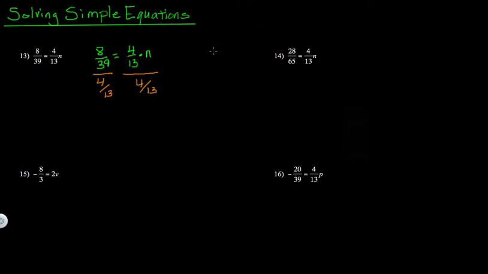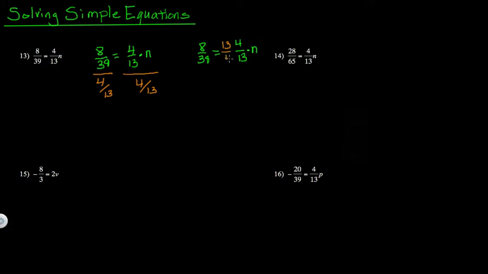All right, so just rewriting this first step over again. This is 8/39 is equal to 4/13 times n. And so the other option is that we can multiply both sides by the reciprocal of this fraction 4/13, which is 13/4. And so multiplying by the reciprocal looks like this.